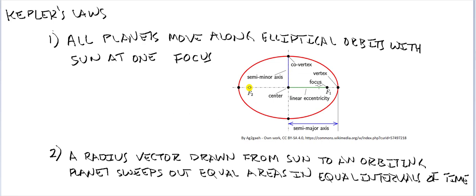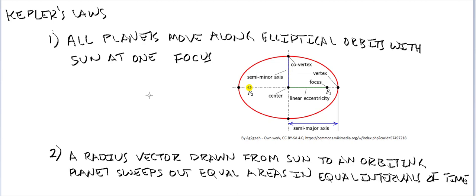So basically, as you bring the second focus point towards the first focus point, this thing becomes circular. That's what I mean by that. And in our solar system, the planetary orbits are elliptical, but if you squint, they look like circles for the most part.